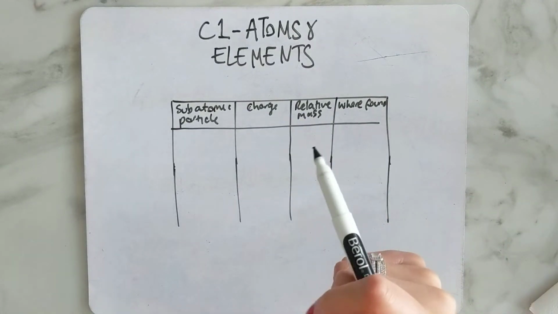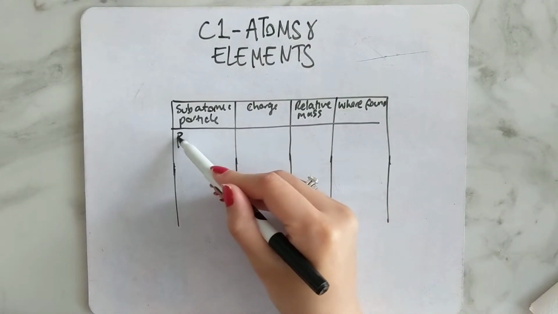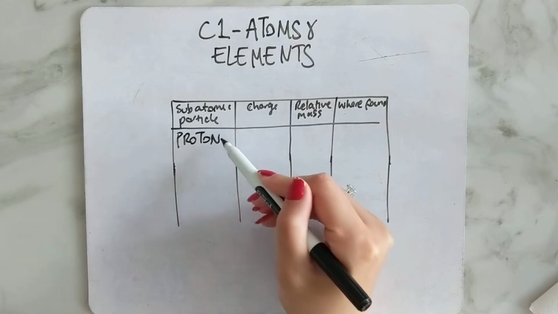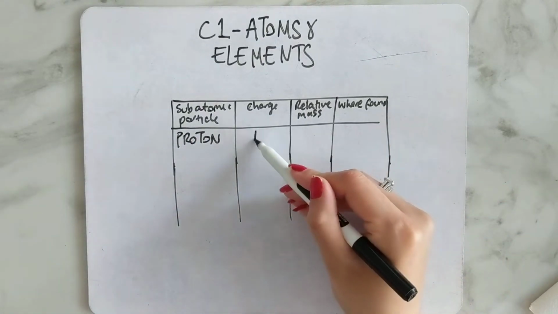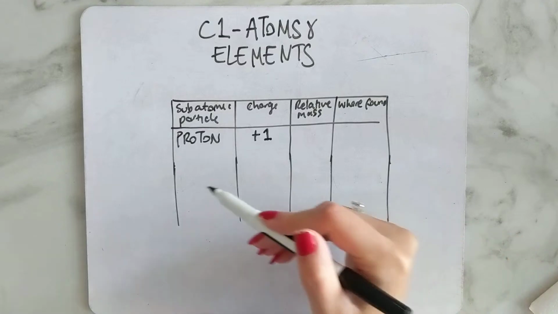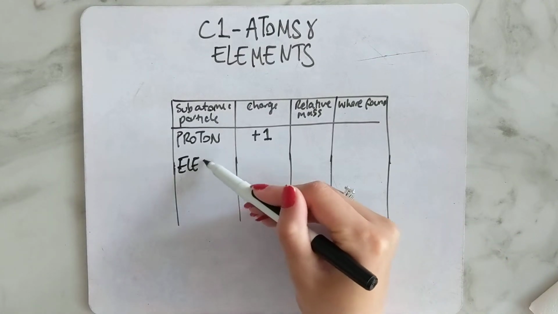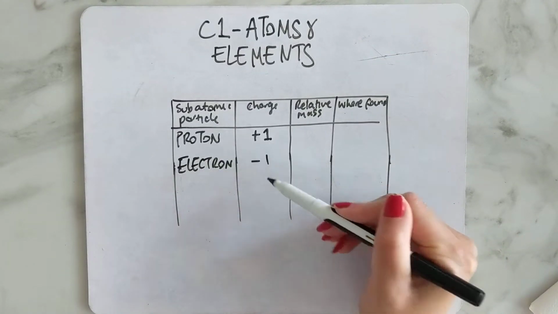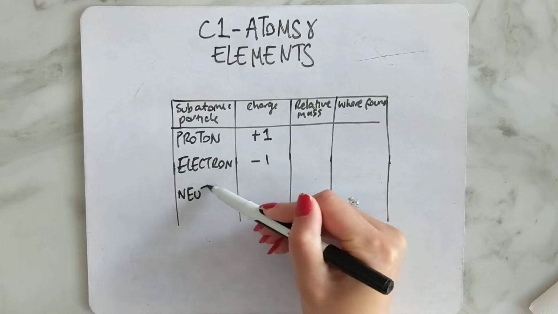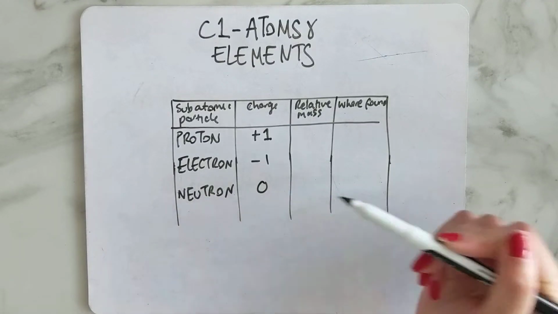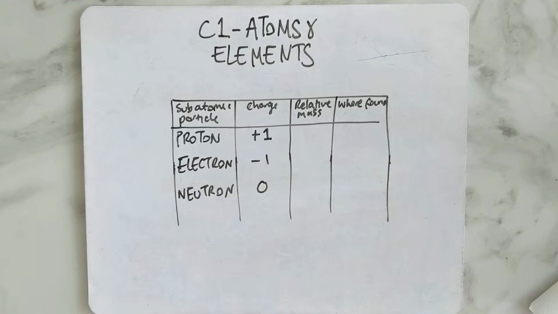Okay, so the first subatomic particle, why don't we look at protons? The charge of a proton, like I said, is +1. Electron is -1. And the neutron is 0.